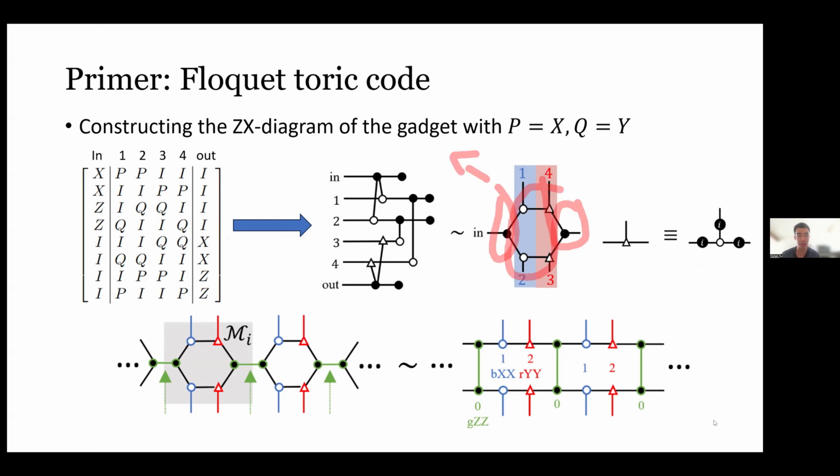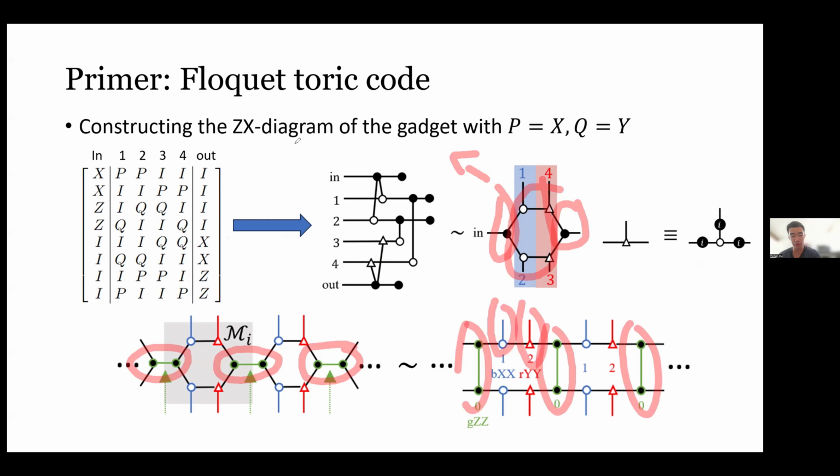So once the gadget is repeated, you can actually merge the thing in the middle. You're merging the spatial encoder and dual spatial encoder. After merging them, they become a pairwise measurement in Z inside the gadget. Furthermore, you have these legs sticking out, which are X tensors and Y tensors.